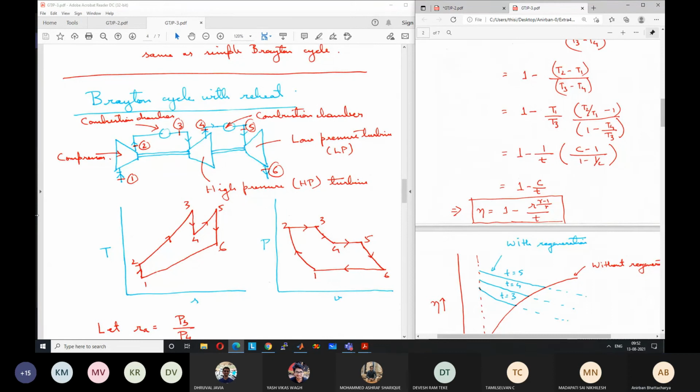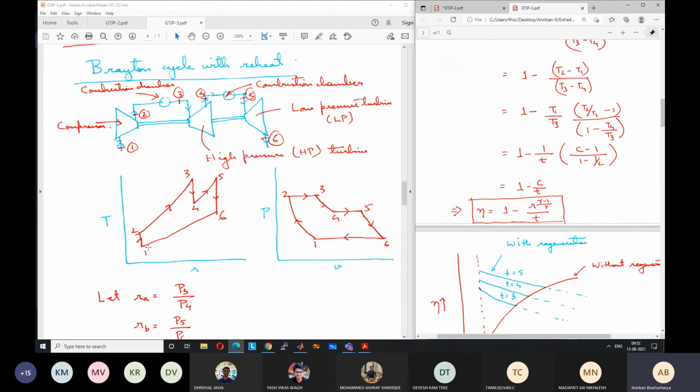So these plots look like this in the TS diagram. The compressor process looks like this: from 1 to 2 is isentropic compression. From 2 to 3 is the constant pressure heat addition in the first combustion chamber. 3 to 4 is the isentropic expansion in the first turbine, the high pressure turbine.